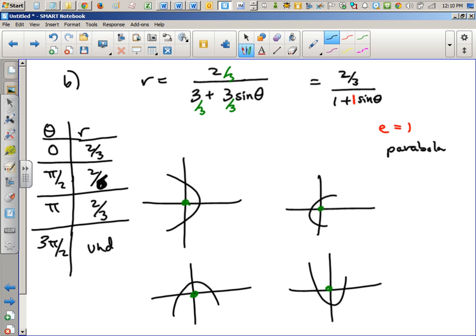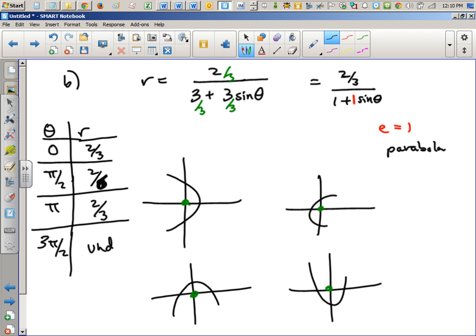So what this means is, when you get down to the bottom, there is no point. So which of these 4 pictures, when you're down at 3 pi over 2, has no point on the axis? See, that one. At 3 pi over 2, there's no point there on the line. So it would be this one by default.